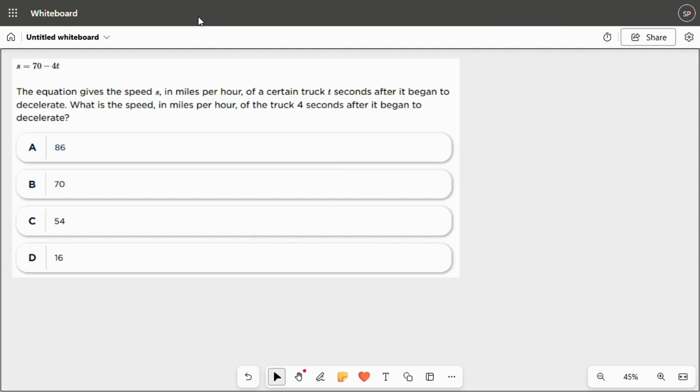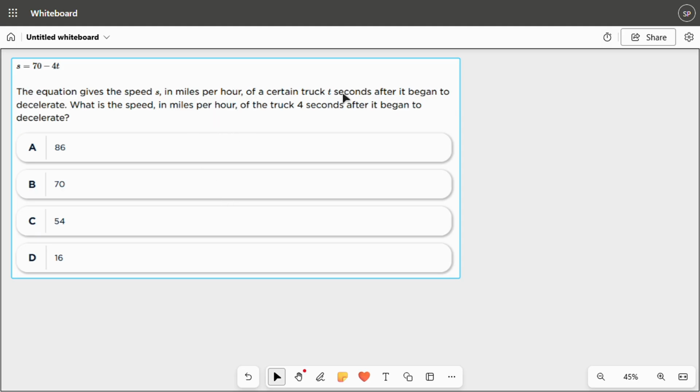Okay, this is also another easy question, but let's go through it and solve it. So s equals 70 minus 4t. The question gives the speed s in miles per hour of a certain truck t seconds after it began to decelerate. What is the speed in miles per hour of the truck 4 seconds after it began to decelerate?